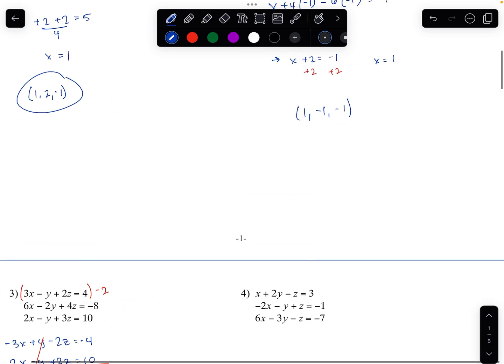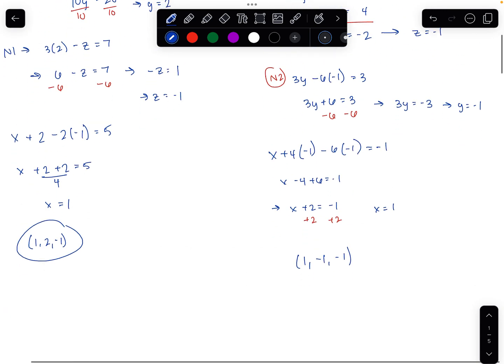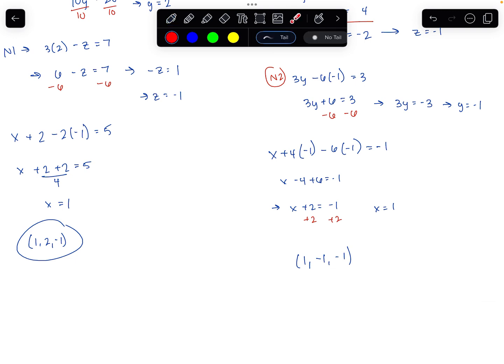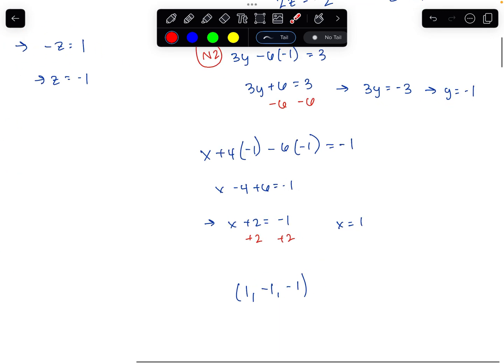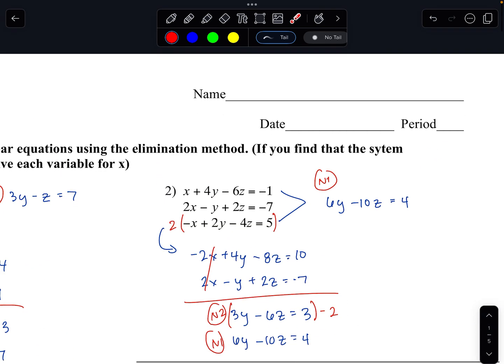Okay. Now, before I go on to 4, I'm going to check my work up here with 3. Something seems off right here. I'm checking my x. I think I did something wrong here. So I plugged in -1. That becomes -4. I plugged in -1.